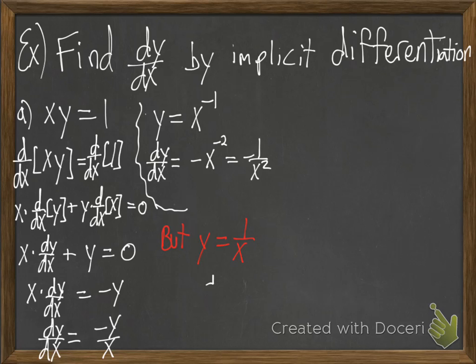So substituting that in, we get dy dx is equal to 1 over x, and negative 1 over x because it's negative y. And of course, simplifying that gives us negative 1 over x squared. The same answer we got using explicit differentiation.